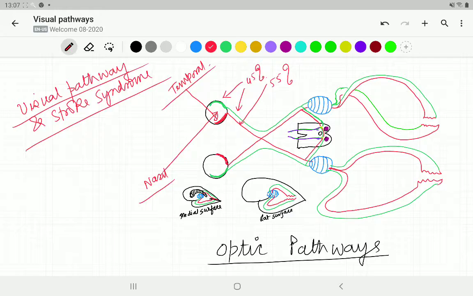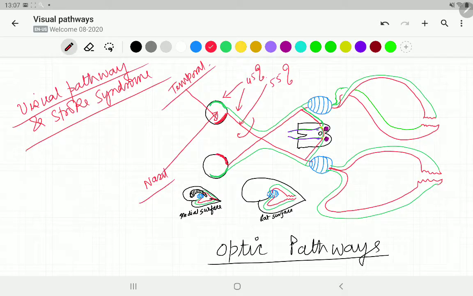Now, first of all, the information from the retina goes through the optic nerve onto the optic chiasm. The temporal fibers do not cross, they remain uncrossed, whereas the nasal fibers cross, and they continue as the optic tract until they reach the lateral geniculate body.